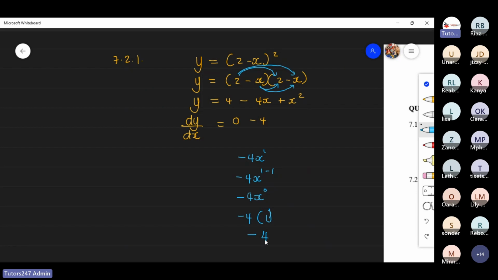But a shortcut, if you want to remember this, is that if your variable has an exponent of 1 and you want to derive this term, all you need to do is take the coefficient of your variable.